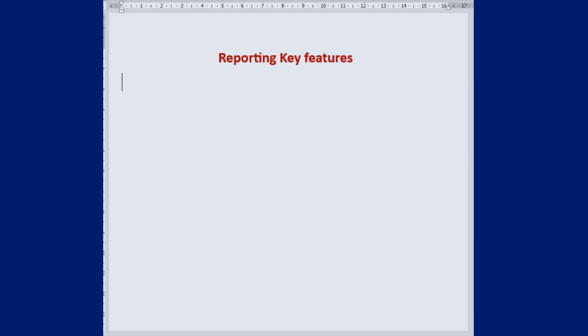So if you look at the band descriptors that we are going to look at right now, you will notice that you need to provide very clearly presented key features. You should be able to provide clearly presented key features to achieve a band 7 or higher. So let's look at the band descriptors and see what's expected.